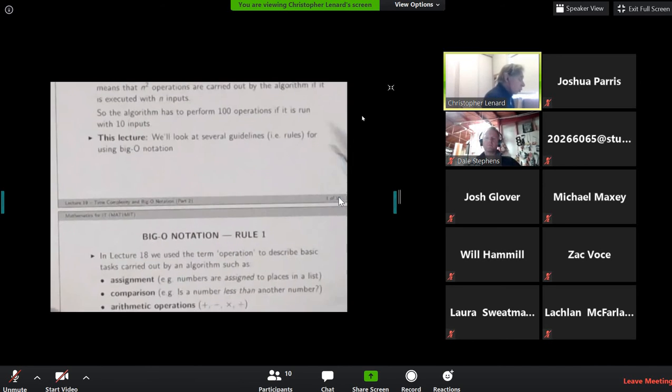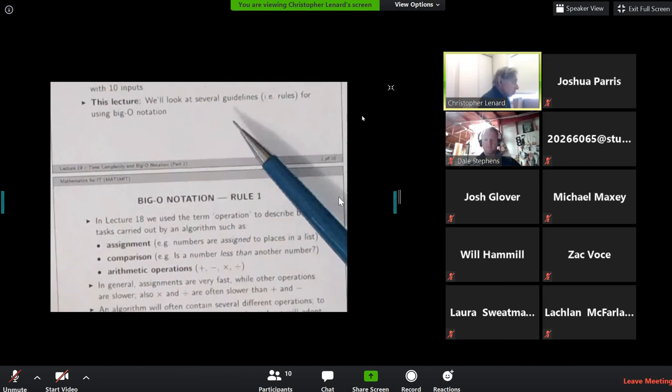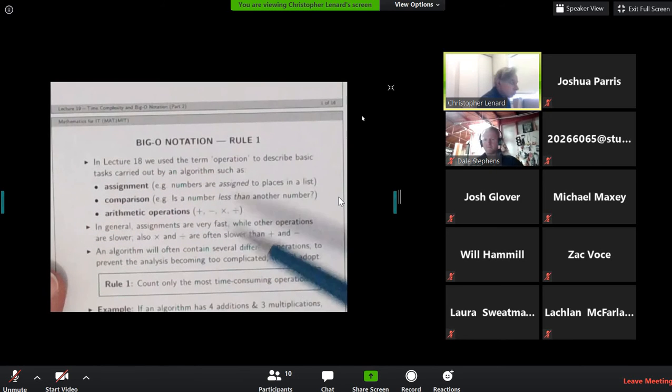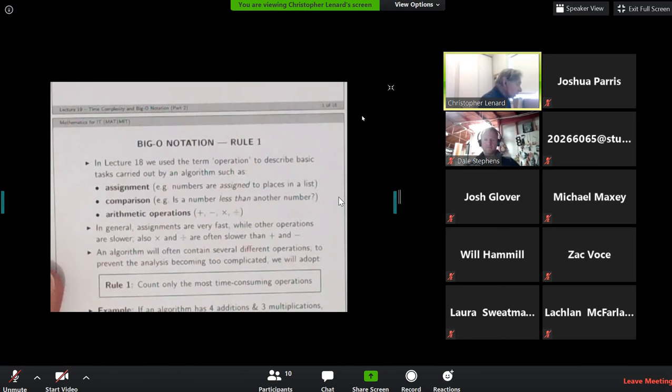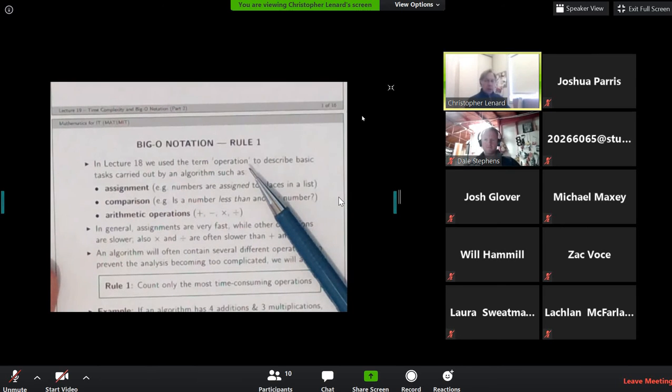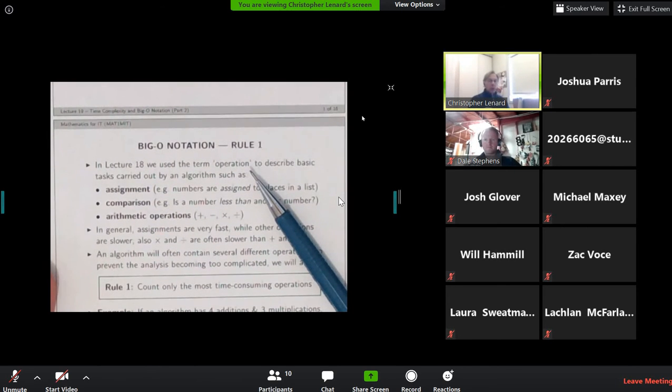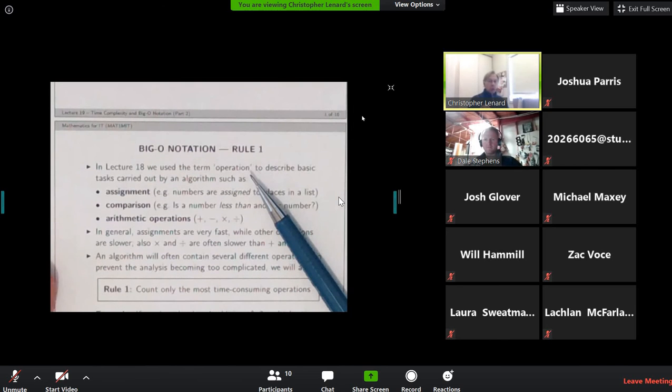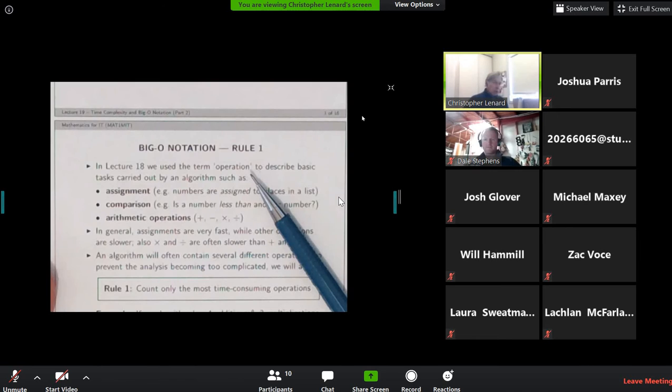So there are some rules about how this big O notation works. And I started to talk about operations. When we were adding numbers, the operations that we were counting were the actual additions. When we're doing the sorting, the operations were the comparisons. Turns out that in computing, at least in the old days, a comparison was about equal to a multiplication.